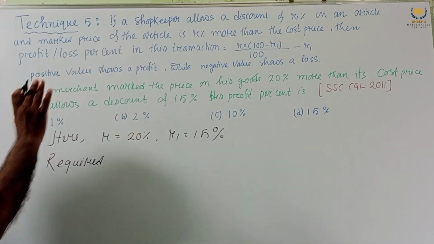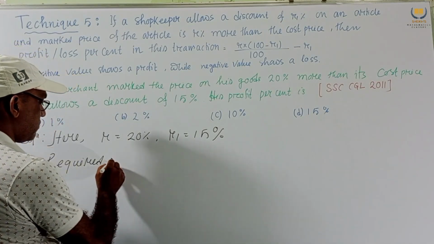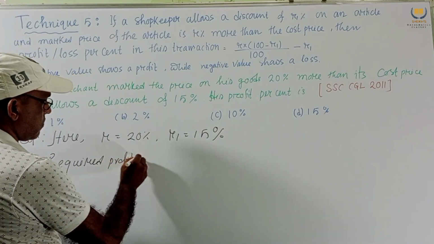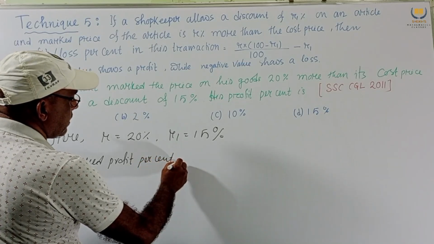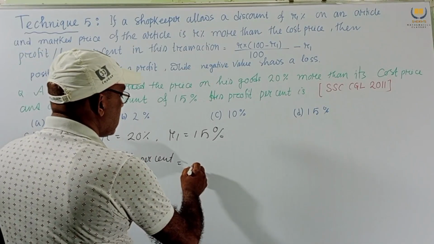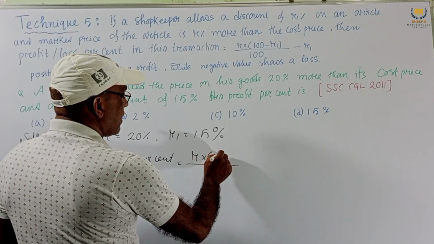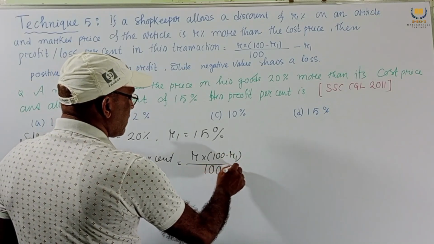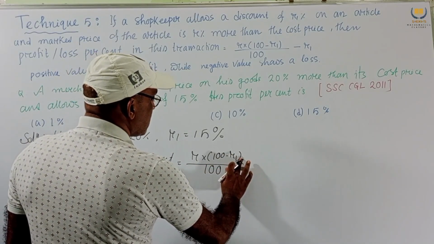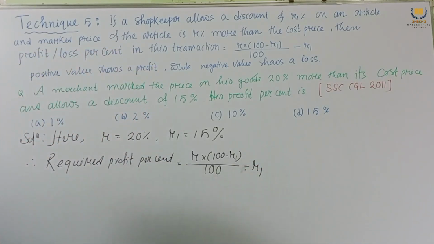So his profit percent, the required profit percent, is equal to, by the formula, R into (100 minus R1) by (100 minus R1). This is our formula.